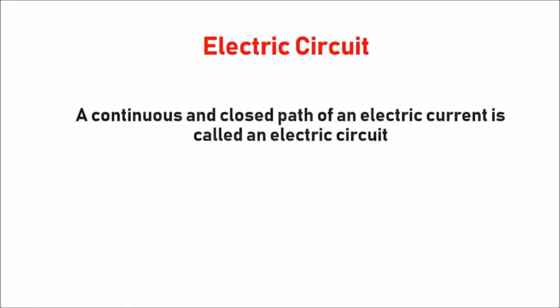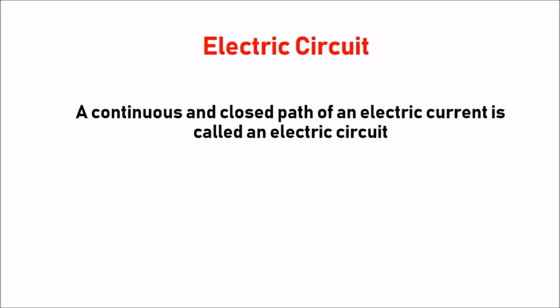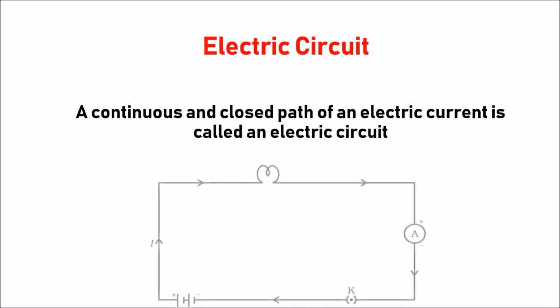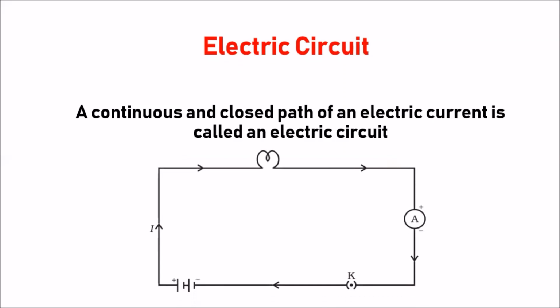Next, electric circuit. What is meant by electric circuit? There is a definition for that. A continuous and closed path of an electric current is called electric circuit. You see this? This is a sample electric circuit where you can find battery. Here it is battery, and this is bulb. Here we have key, and we'll talk about ammeter.